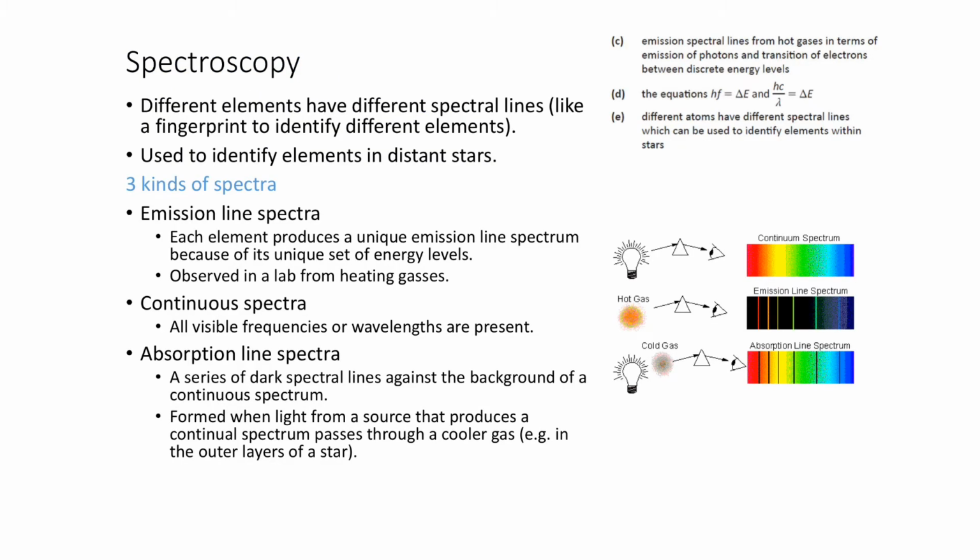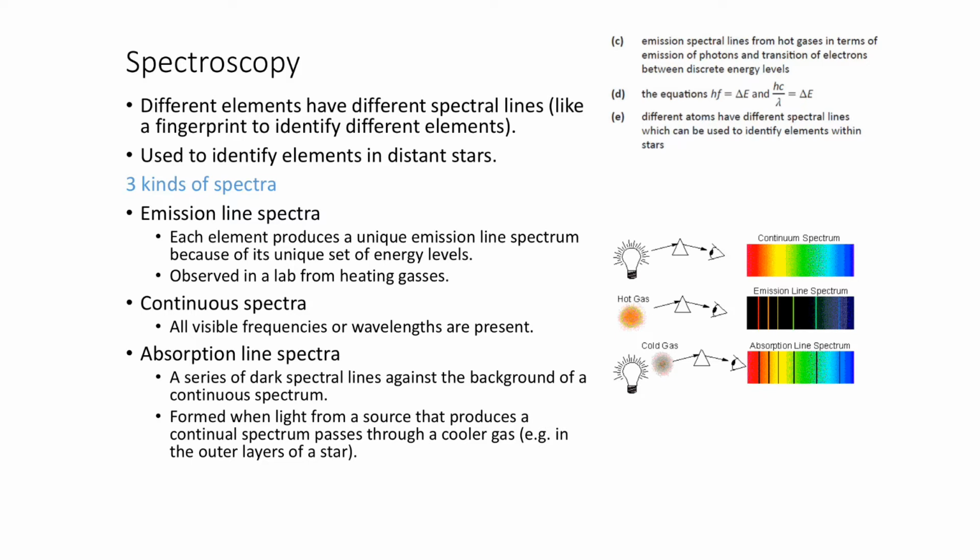If we just look at your specification points for today, so you'll be able to see C, D and E. So emission spectral lines from hot gases in terms of emission of photons and transition of electrons between discrete energy levels. So the equations which we started looking at last time, but more so today, different atoms have different spectral lines which can be used to identify elements within stars.